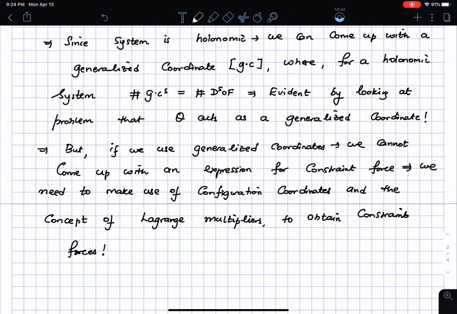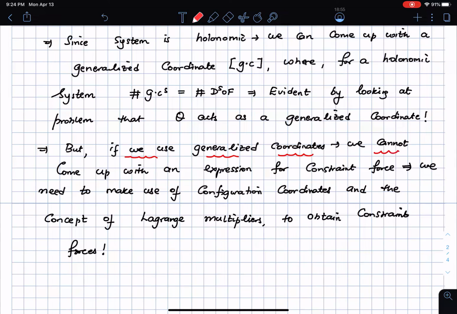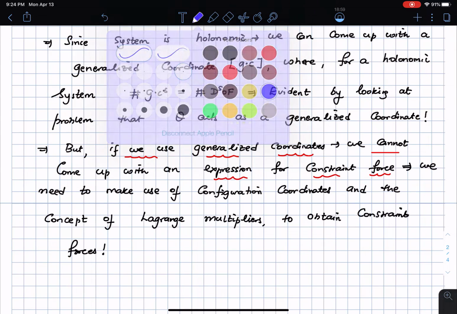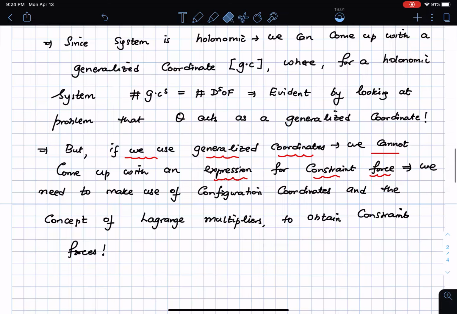This is a key statement and something that we have reiterated in many of the problems that we have seen.